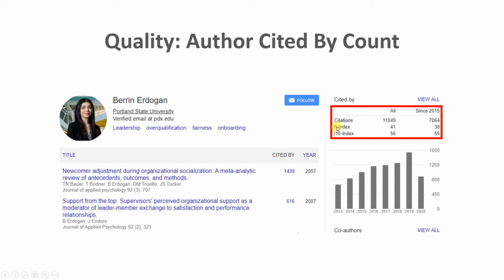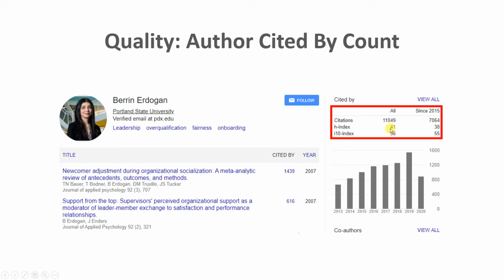The H index is, let's see if I get this right, how many publications does that person have that have received at least that many citations. So essentially, in this case, Baron has an H index of 41.